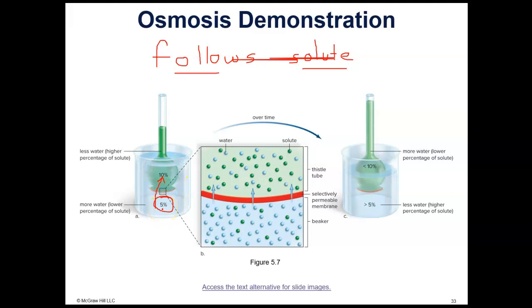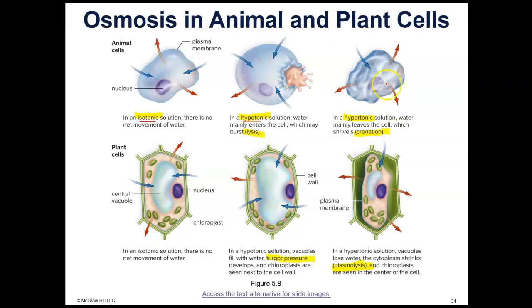So the solution in the beaker would be hypotonic. And what happened? The thistle tube, which represents a cell, took on water. Water went into the thistle tube. Same thing that happens in animal cells. The water will move into the cell, and it could even swell and burst, and we would call that lysis.